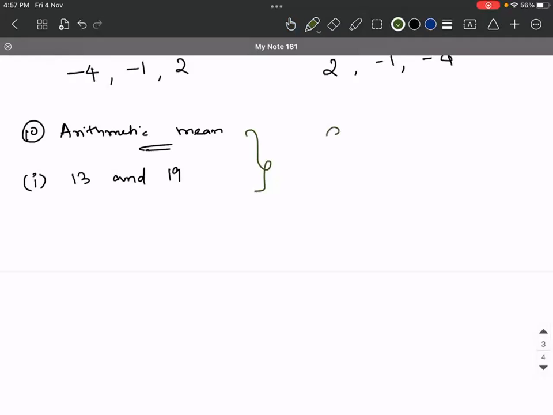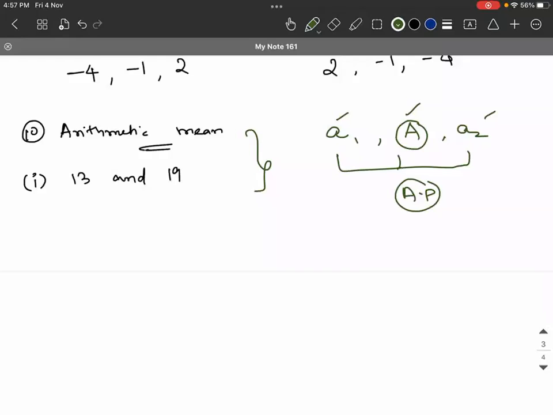If I have two numbers A1 and A2, listen to this carefully. I need to introduce a number capital A between these two given numbers, so that as soon as I insert this capital A, the sequence will become an arithmetic progression.